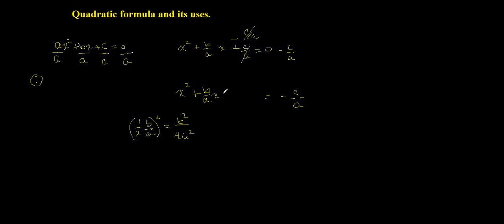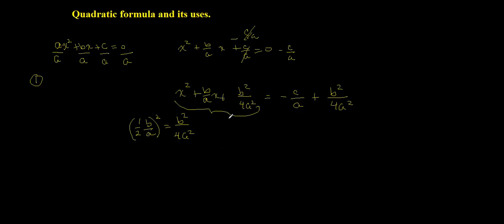So we're going to add it here, b squared over 4a squared. Over here we're going to do the same thing, b squared over 4a squared, and then we factor this because now we forced it into a perfect square.